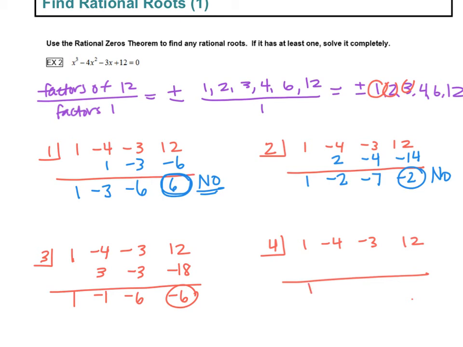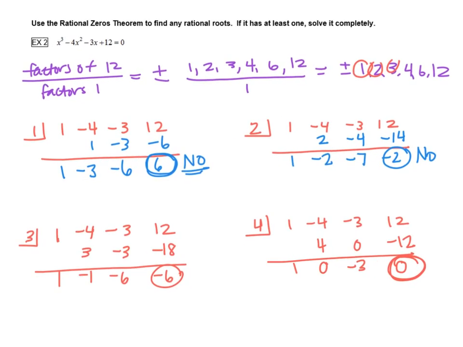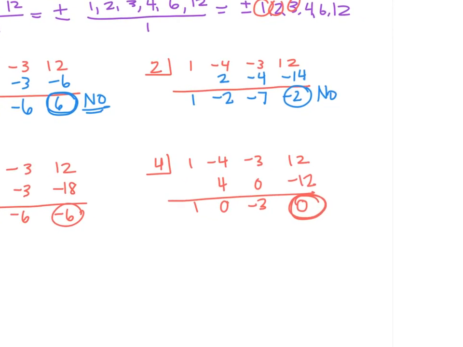So we add down, we multiply, add down, we multiply, add down, we multiply, add down. This one worked out. Alright, so because we got that 0, the remainder, that means that factor of 4 is a root. So x equals 4. That's one of our answers.